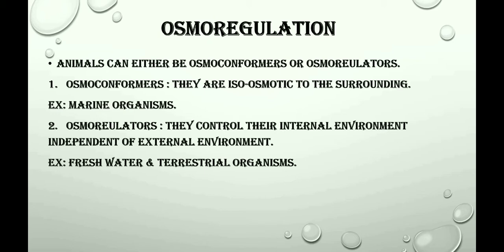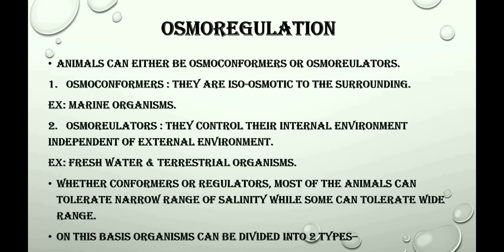For example, freshwater or some terrestrial organisms. Now, whether the animal is an osmoconformer or an osmoregulator, most of the animals can tolerate a narrow range of salinity, while there are some animals who can tolerate a wide range of salinity.